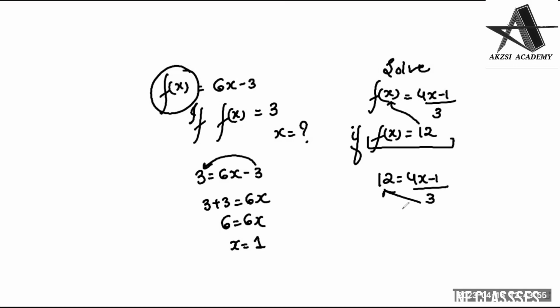Cross multiply it, you'll get 12 times 3 equals 4x minus 1. 36 equals 4x minus 1. Transpose negative 1 onto the left hand side. The sign will change. This will become 36 plus 1, 37 equals 4x. And x equals 37 over 4.